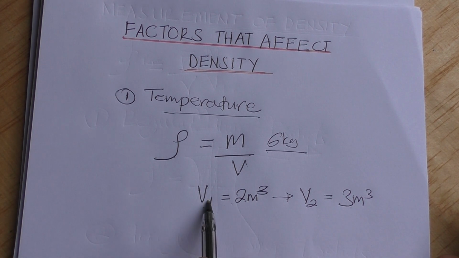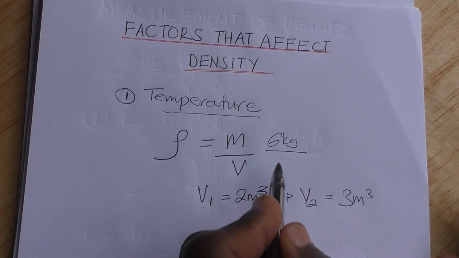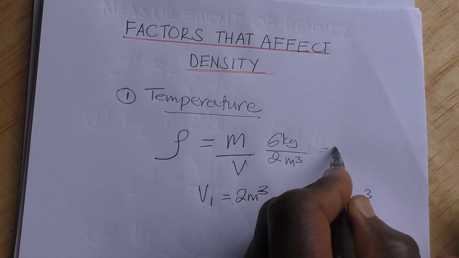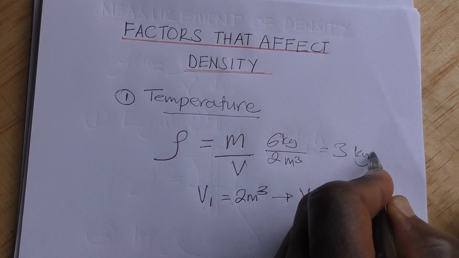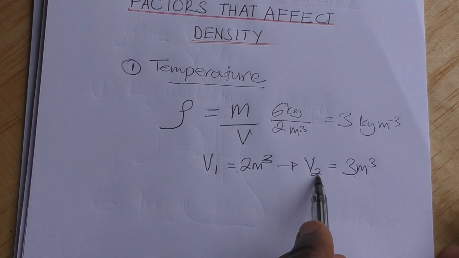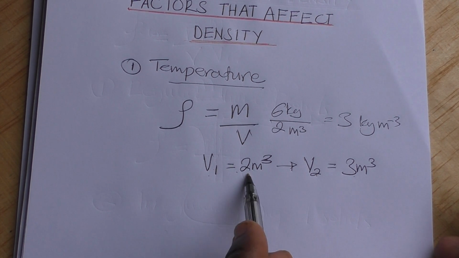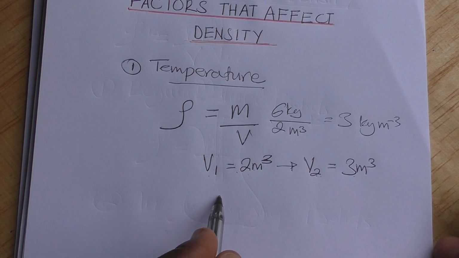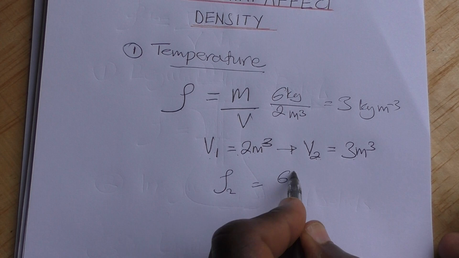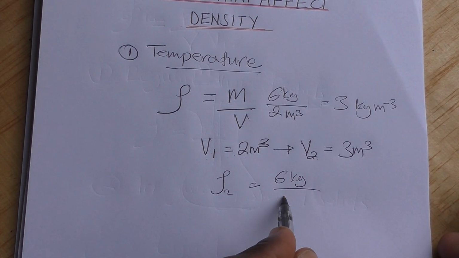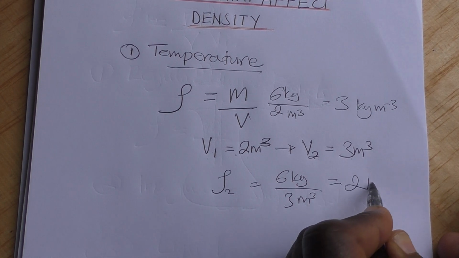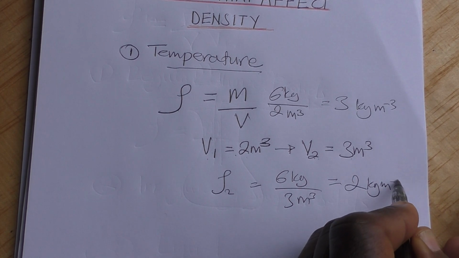That is, if the volume was 2, we divide 6 by 2 meters cubed to get a density of 3 kilograms per meter cubed. But since the volume increased from 2 to 3, the new density will be 6 kilograms over 3 meters cubed, which gives us 2 kilograms per meter cubed.